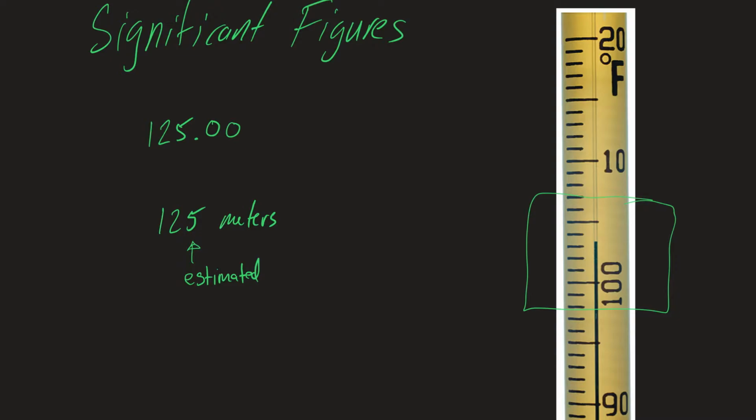But we can estimate, right? We can clearly see that it's not on the 103 and that it's not on the 104. We know that the measurement is greater than 103 but less than 104. And so we might estimate this to be 103.5 degrees Fahrenheit. And since we estimated the tenths place, we can't even think about what's in the hundredths place. We don't know.